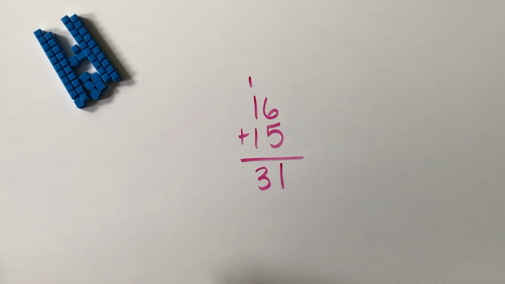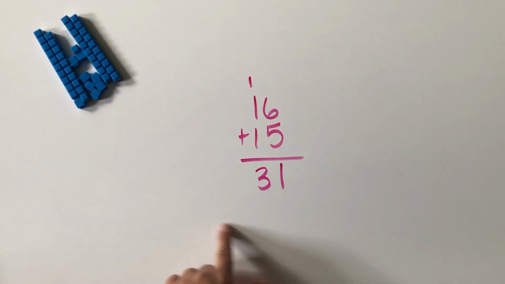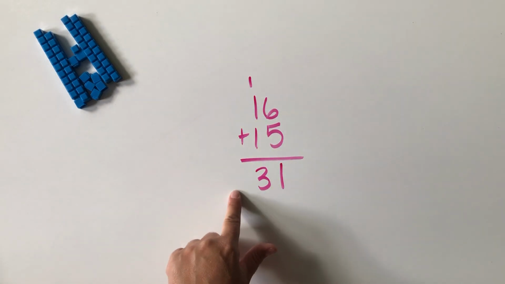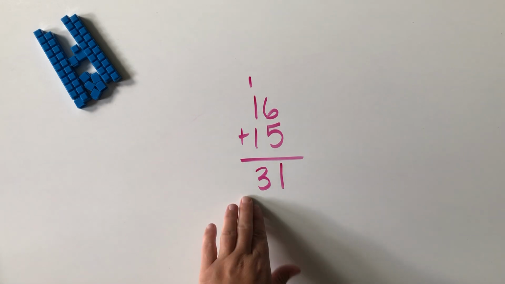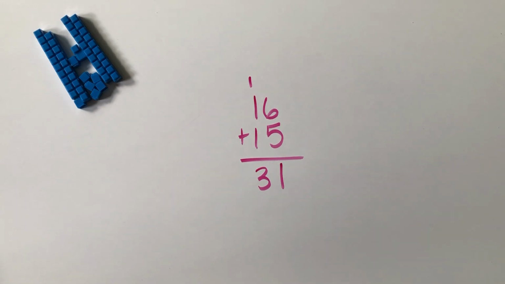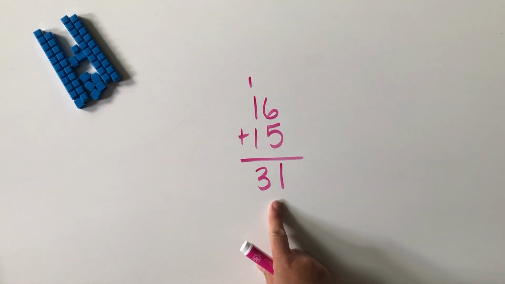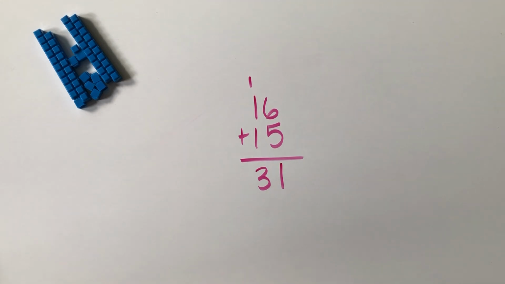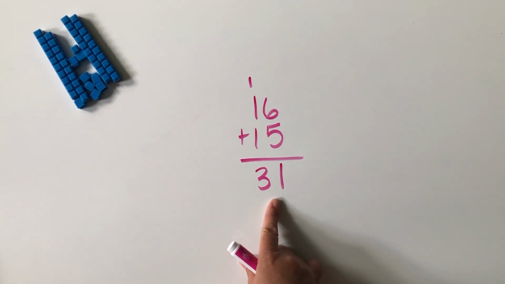I just want to make this really clear that when we do addition using the standard algorithm, or the traditional algorithm, there is not as much conceptual understanding. What we are doing here is following a series of steps that we need to memorize in order to find an answer.